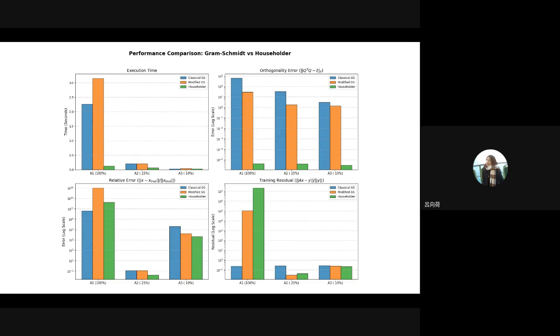Remember, this here is the log scale. The reason is that the Householder didn't project the vectors one by one. It just used mirror reflections to zero out the blocks of elements below the diagonal.